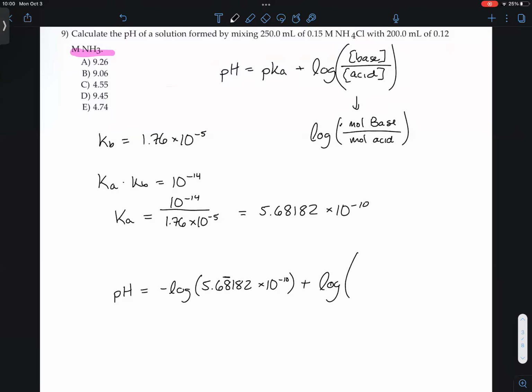Actually, we'll make it millimoles just to save us a conversion. So my base is the 200.0 mLs times the 0.12 molar divided by my acid, which is 250.0 mLs times the 0.15 molar.